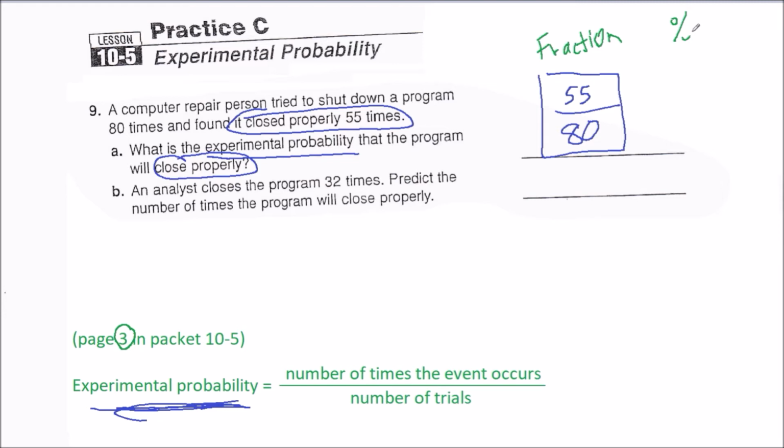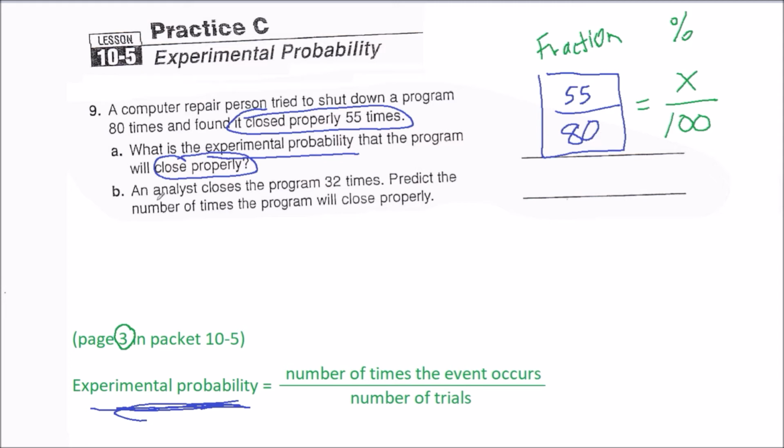And then you can do cross multiplication and division. 55 times 100 divided by 80, and that would give you your percentage. And it looks like what they have as the answer is 68.75. But again, I'm okay if you leave it as the fraction. Part B on number 9 says, an analyst closes the program 32 times.